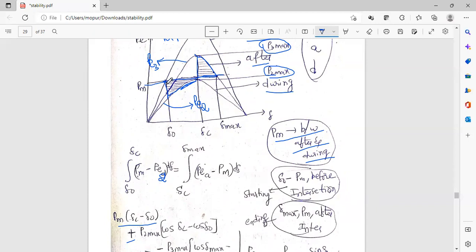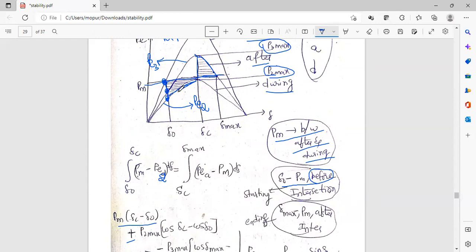It is the starting point. Actually, delta naught and PM will intersect at 3 points: during it will intersect, after it will intersect, and before it will intersect. These 3 points it will intersect. So you should start the line PM taken for before. So delta naught to PM for before condition, wherever it is intersecting.